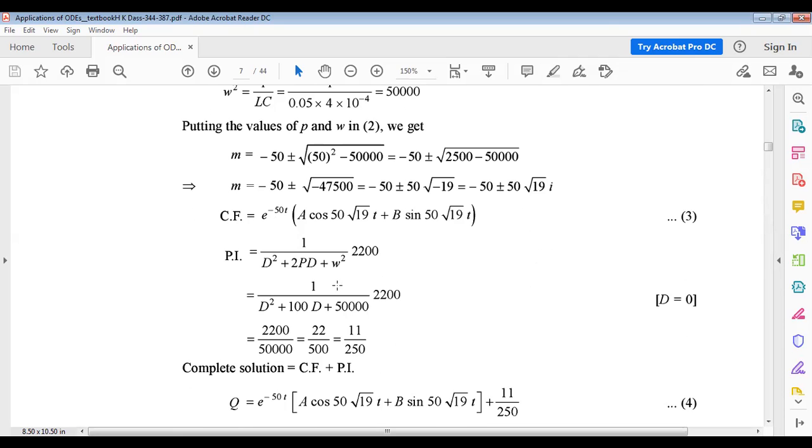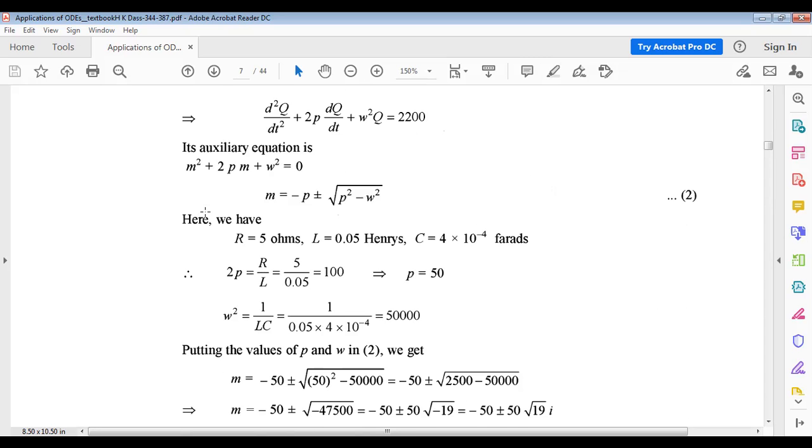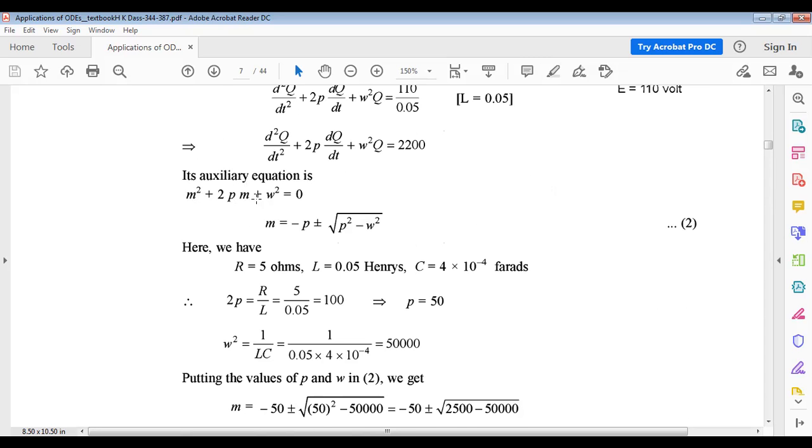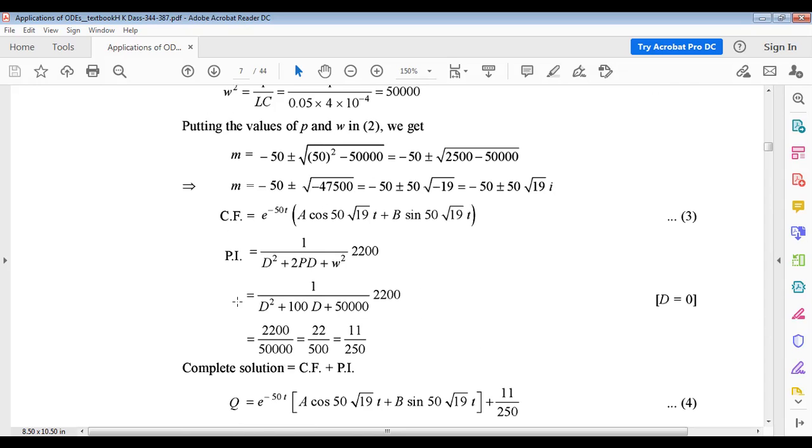Now what will the particular integral be? We must know from our previous lecture. The particular integral will be 1 divided by the left hand side coefficient of the dependent variable, operating on the right hand side, 110. Capital D means dq by dt.